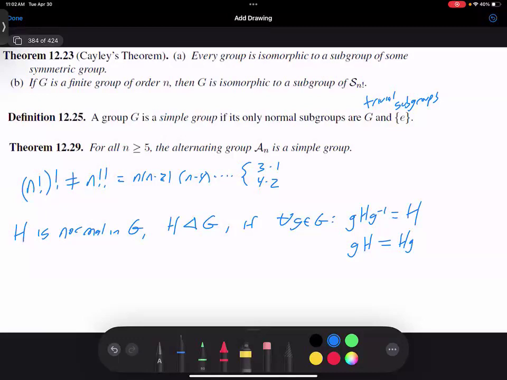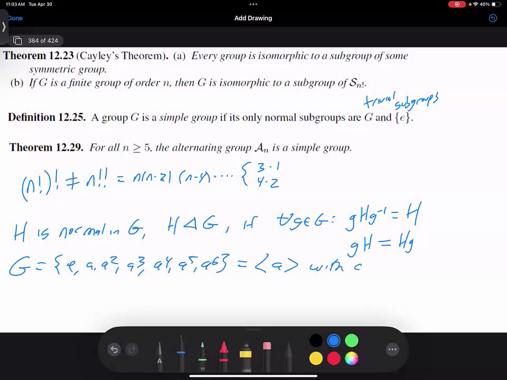So for example, let's say I give you G is the set e, a squared, a cubed, a to the fourth, a to the fifth, a to the sixth. It's cyclic, it's generated by a with a to the seventh is the identity.